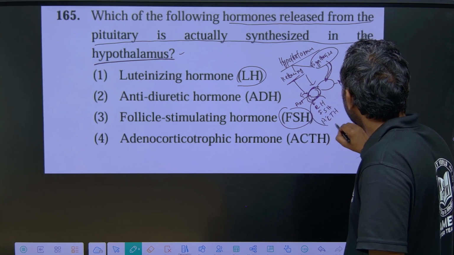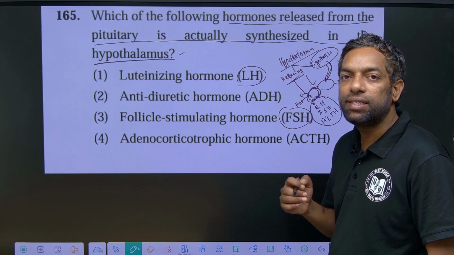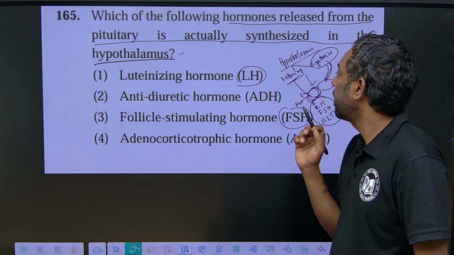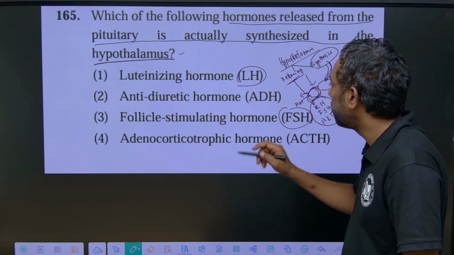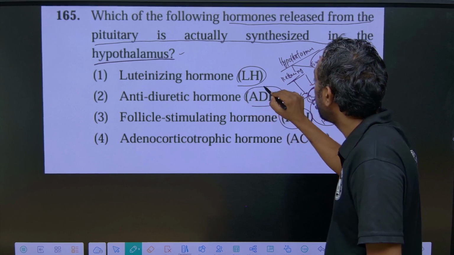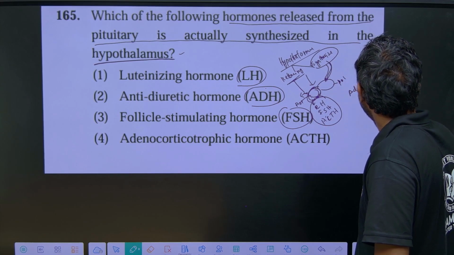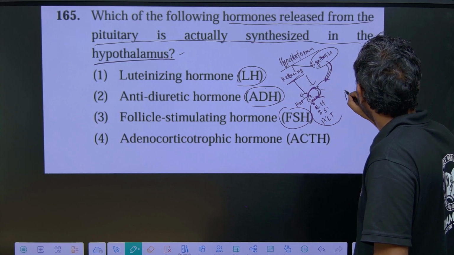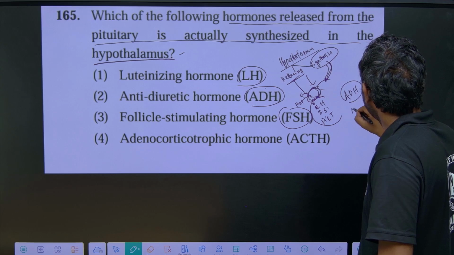Their production is in the anterior pituitary, encouraged from the hypothalamus. But the hypothalamus synthesizes the hormones ADH and oxytocin.